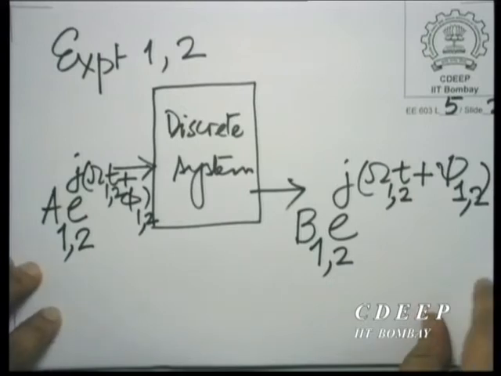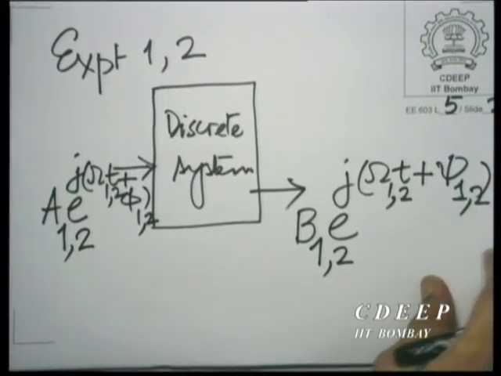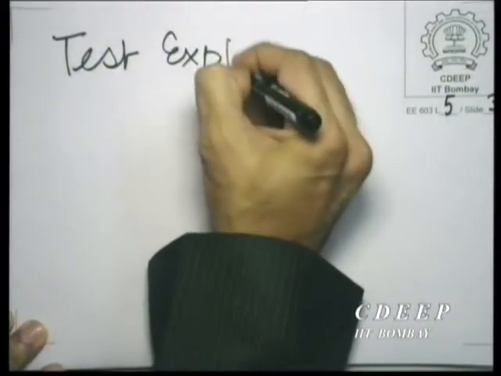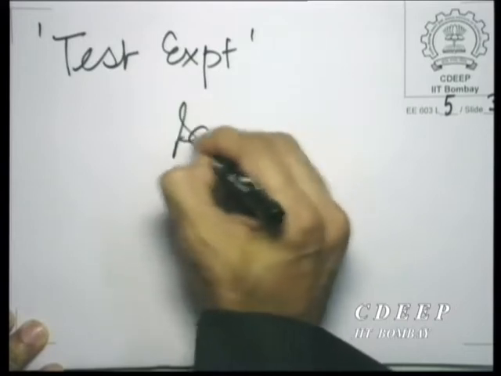And then the third experiment, or the test experiment, which determined whether we got what we wanted from the system, is the same discrete system.